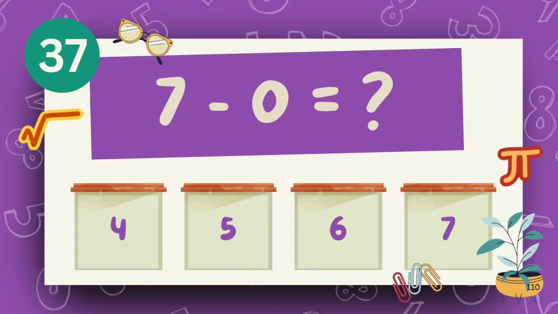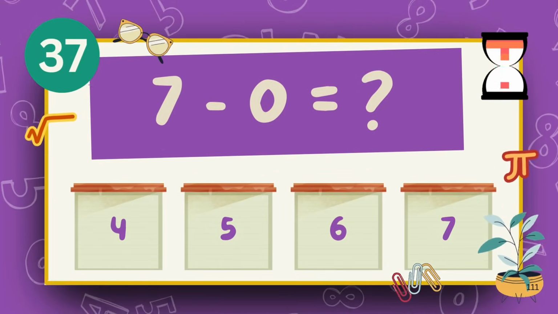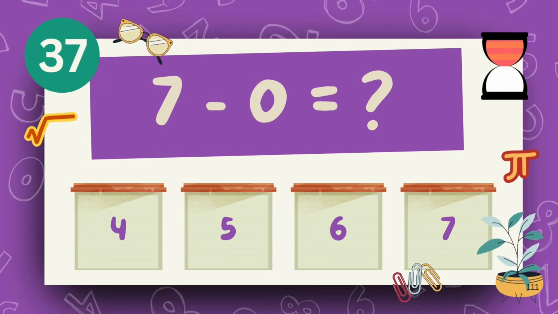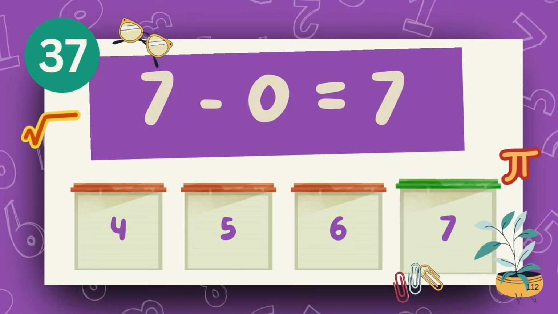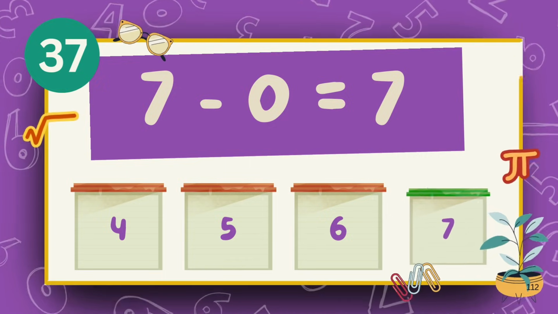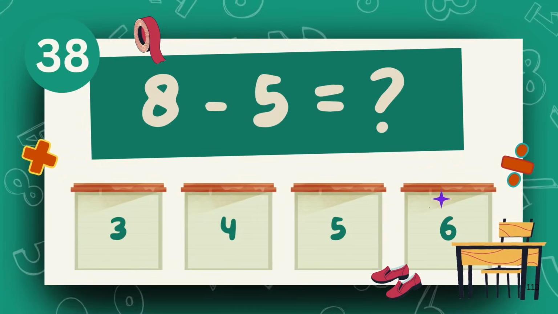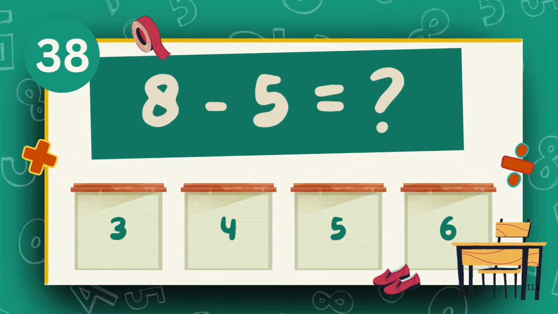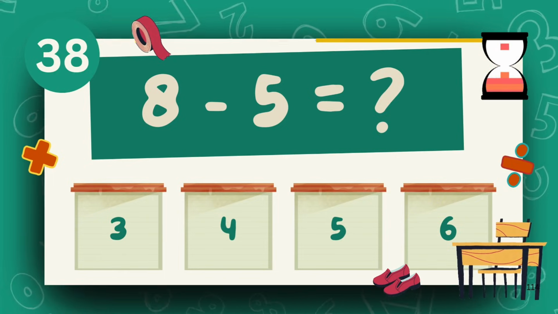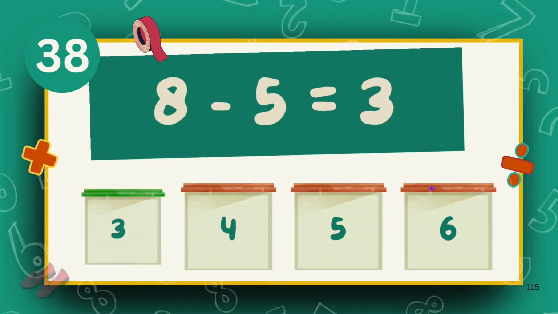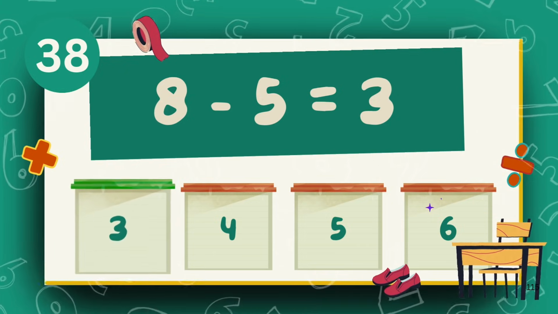What is 7 minus 0? The answer is 7. What is 8 minus 5? The answer is 3.